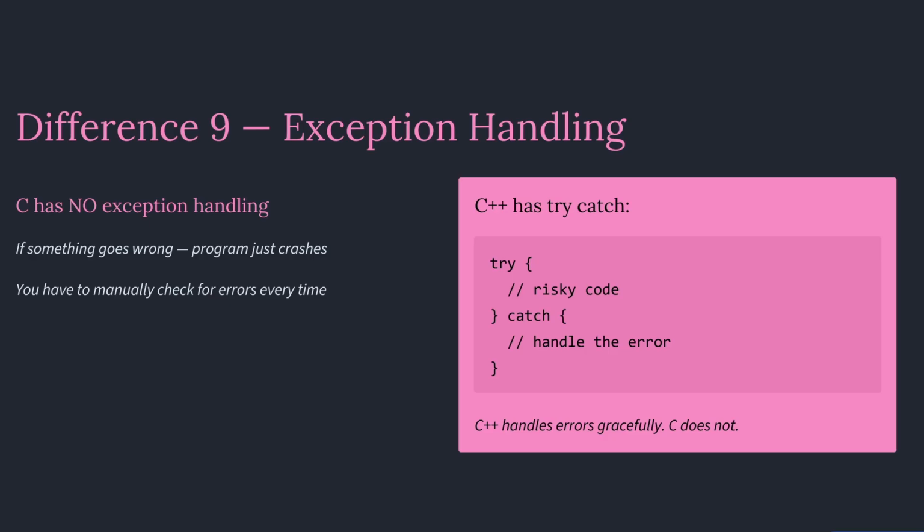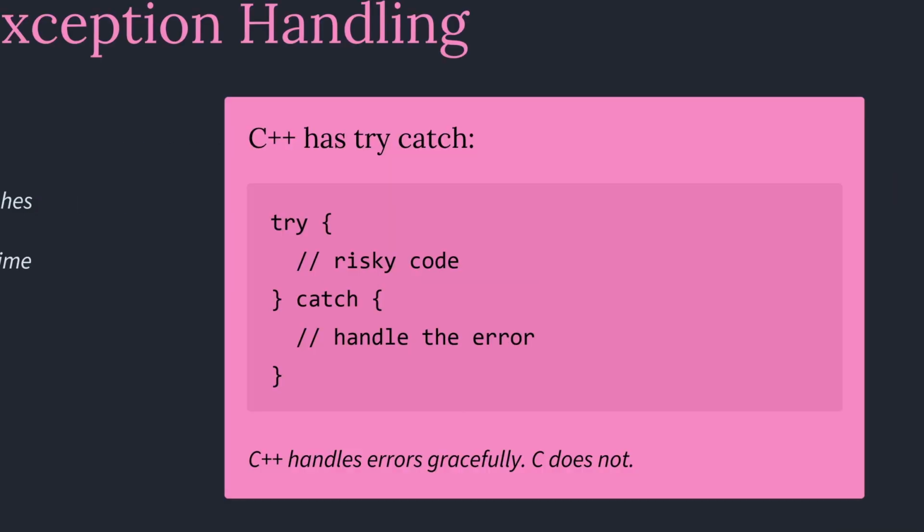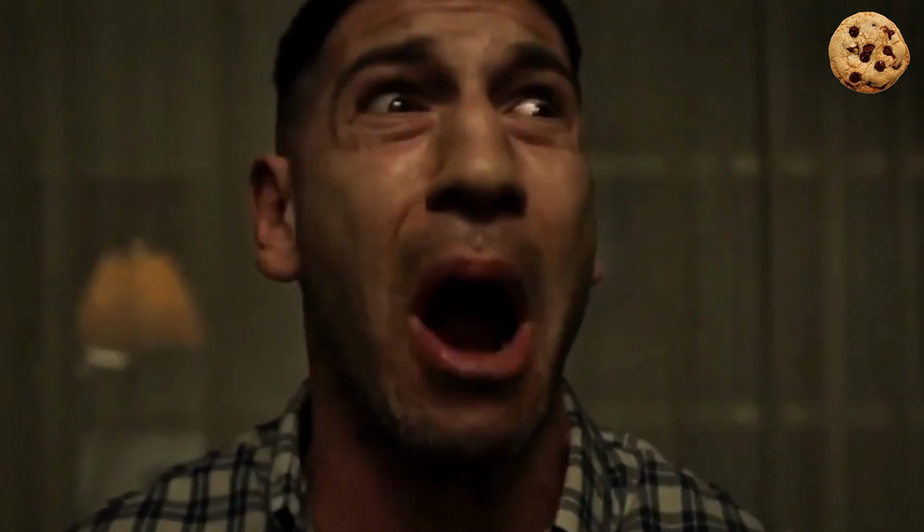In try, you put your risky code between curly braces, and you add another thing called catch, and you handle the error there between curly braces. Whenever your program hits a problem, instead of crashing, this catches it, handles it and keeps going. This is how every serious application works today. Banks, hospitals, airlines, all use the same version of this error handling concept that C++ introduced.